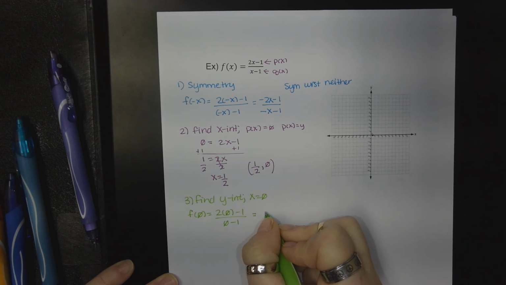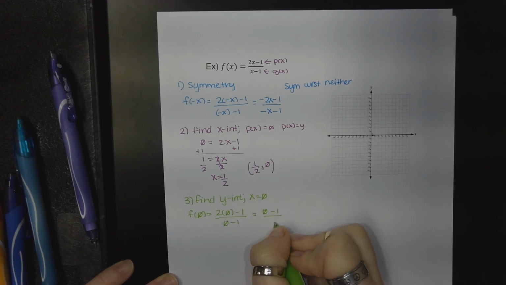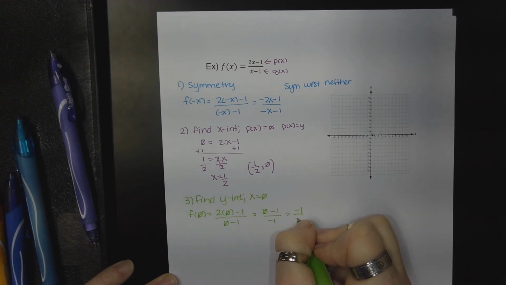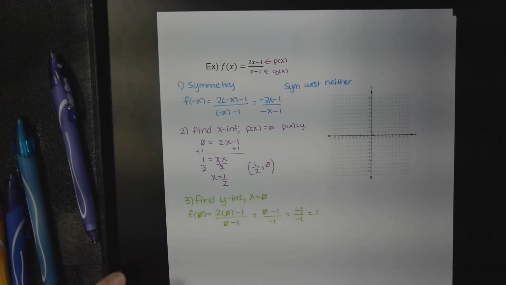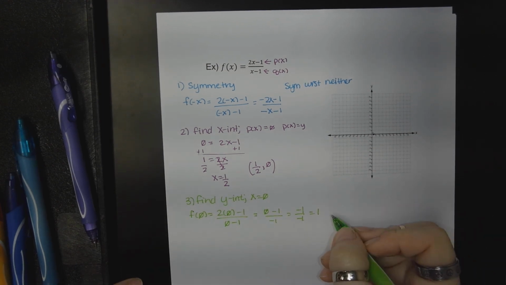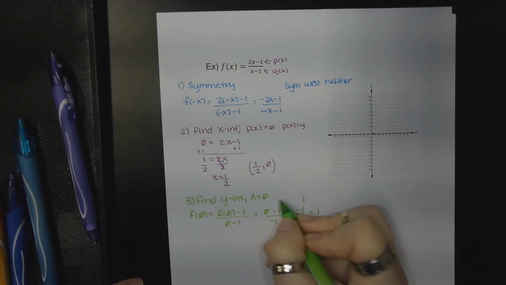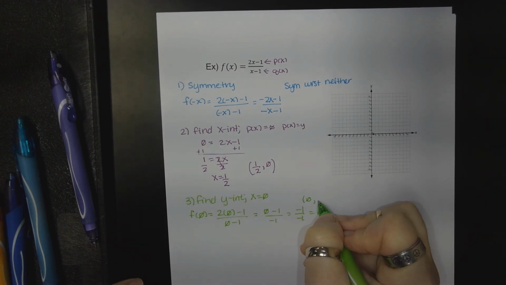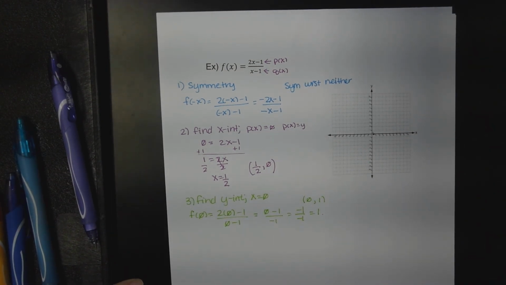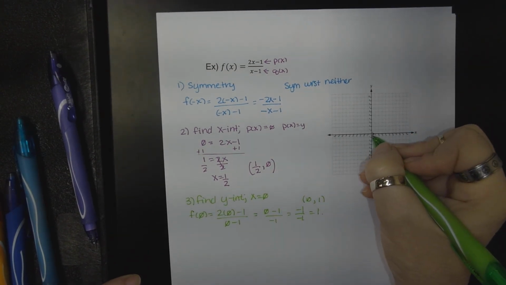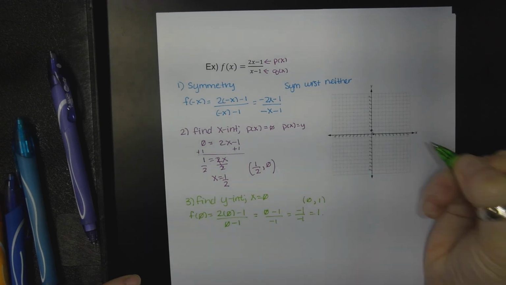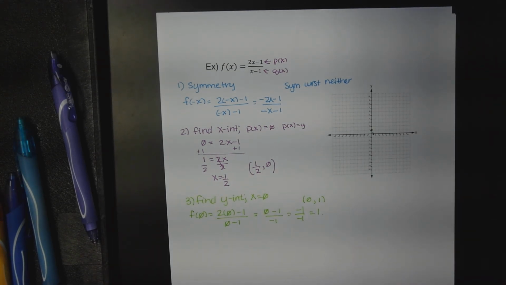So that's going to give us 0 minus 1, well, over negative 1, which is negative 1 over negative 1, which equals 1, right? But we also, since this is an intercept, we need to write that as an ordered pair. Our x is 0 and our y is 1. So if we graph that, x is 0, y is 1 would be here.